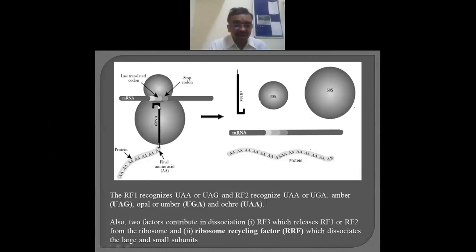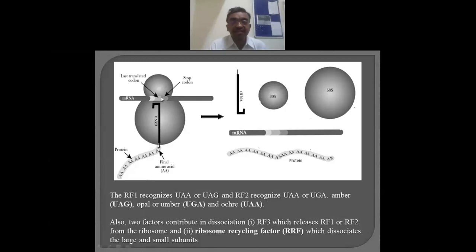But what happens at a particular point while reading is that it comes to such a position where UAA, UAG, or UGA is present. If such a codon comes, for that codon there is no tRNA available. Whenever such a codon comes, a tRNA containing the corresponding anticodon is not available for binding.